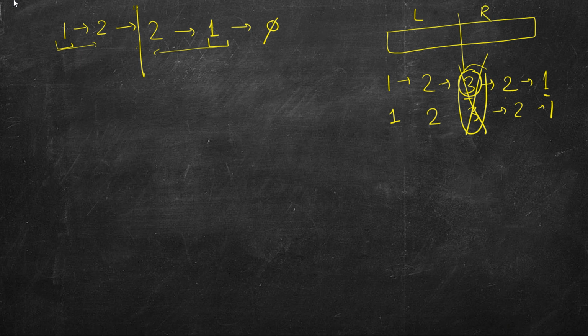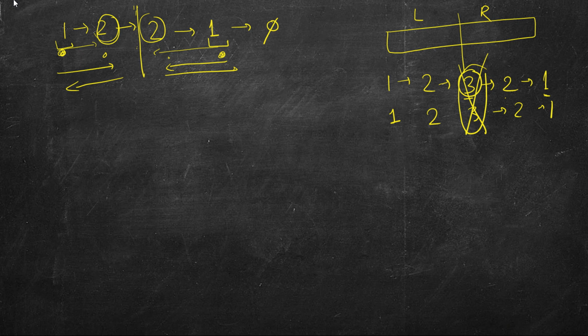And the direction of comparison for left and right should be opposite, because we are comparing first against last, then second against second last. So in the left part we are moving from left to right, in the right part we are moving from right to left, or vice versa. Both will work. So you compare the two middle elements, they are same, then the next one, and so on.